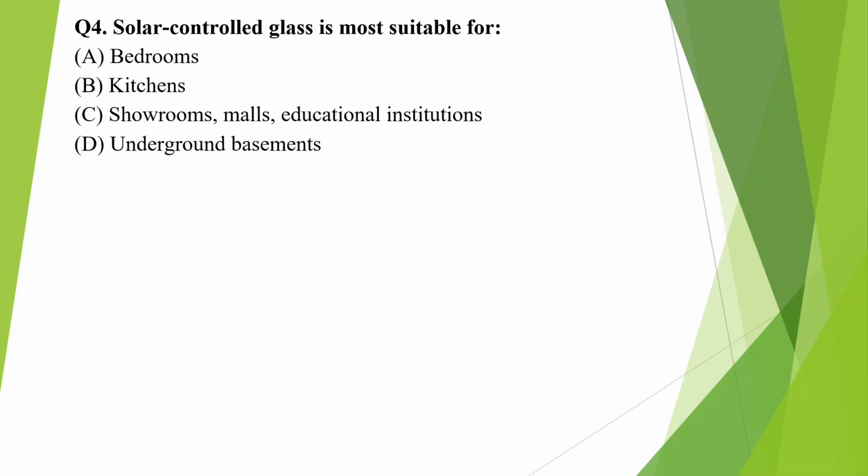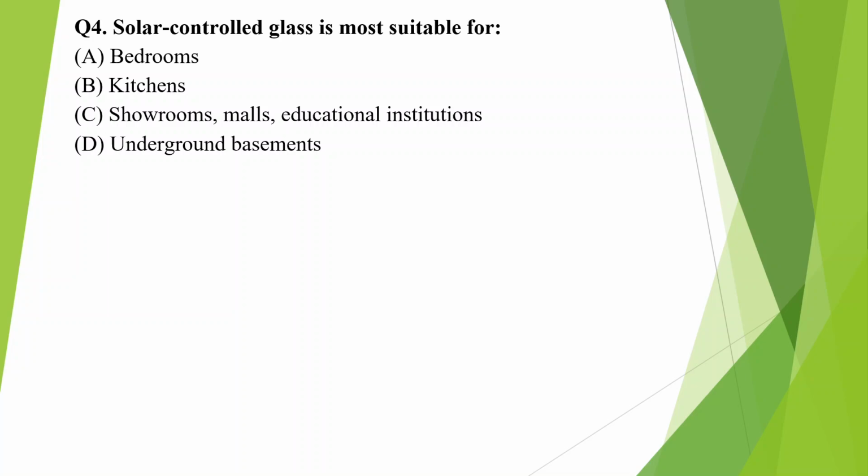Because in the afternoon, if you are going there, there will be glare or heat gain, and you will not be able to see things properly. There will be improper lighting or glare. So if you want to make the spaces ideal for use during the daytime, where are solar control glasses mostly utilized? Then you will get to know that it's option C, showrooms, malls, and educational institutes, for question number 4.